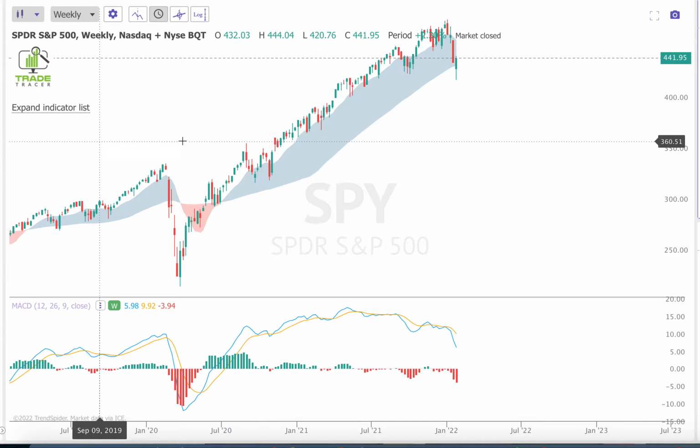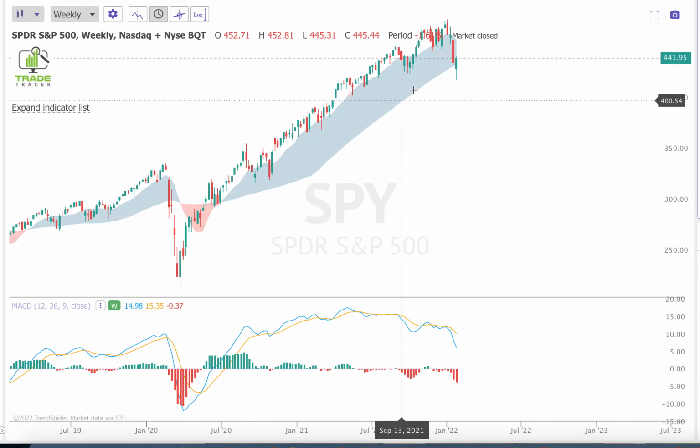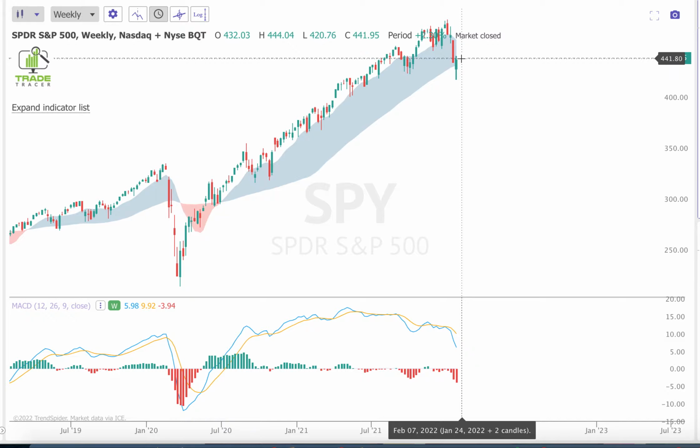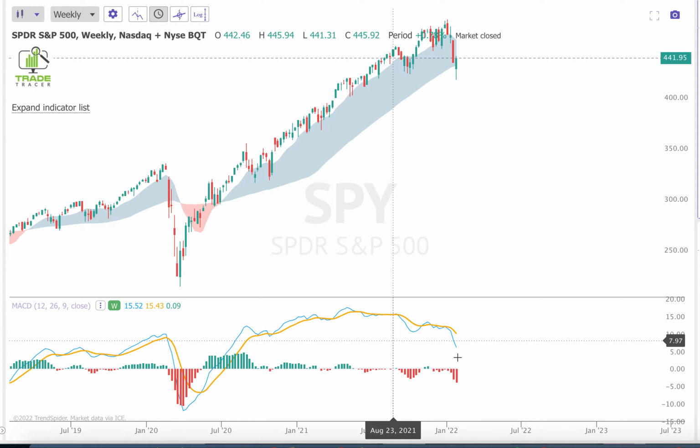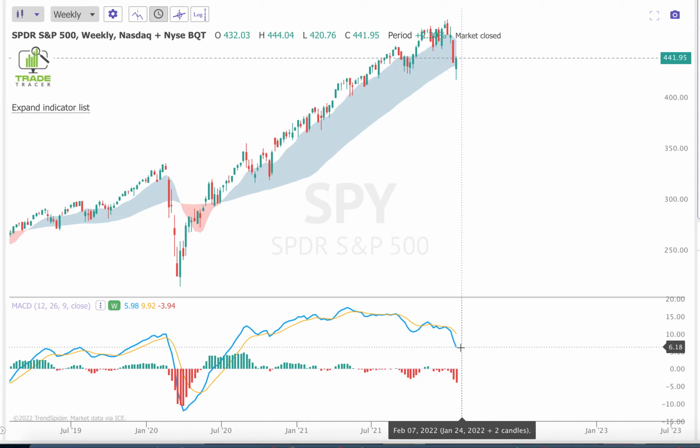On the weekly time frame, very similarly, you can see the bottom of the cloud, the 50-week moving average. Last week, we had a nice close back inside of that cloud after gapping below it and running lower, then reversing later in the week to close inside that 50-week moving average. But you can see momentum is dead. We have zero momentum. Momentum's actually to the downside.